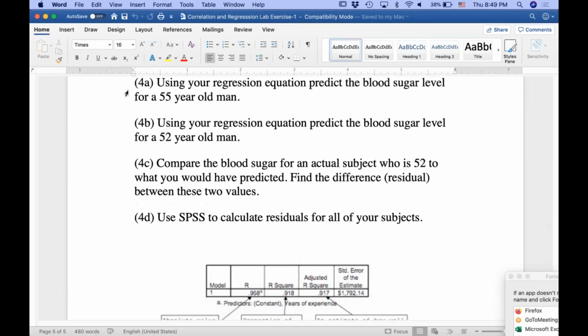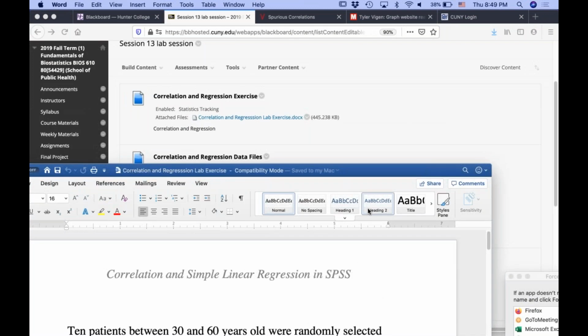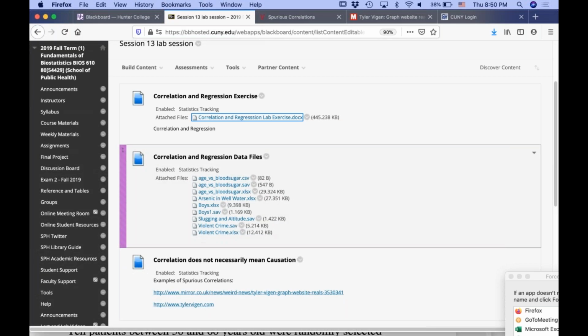You don't need me to show you this. I just opened this document on correlation and regression exercise. If you go through that, it'll step you through what I'm doing right now, and give you what to expect when you work with SPSS. But I'm going to wing it myself without using that for now.